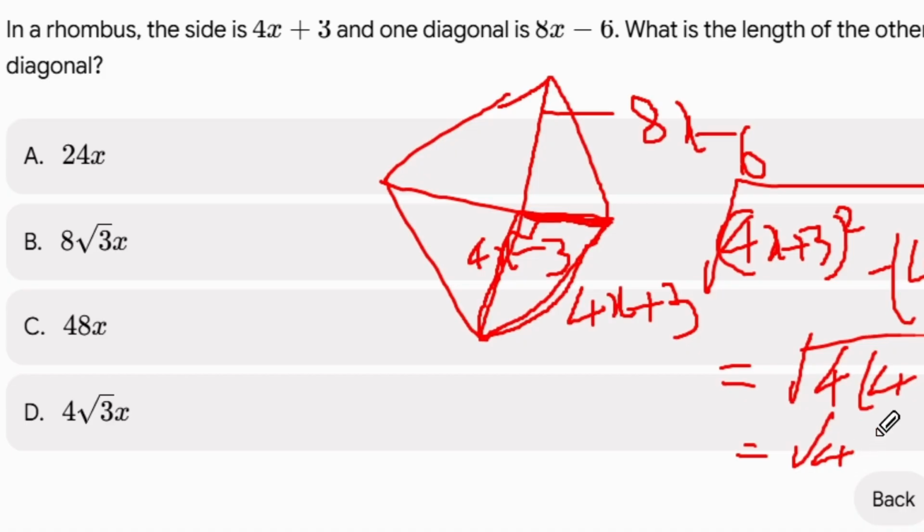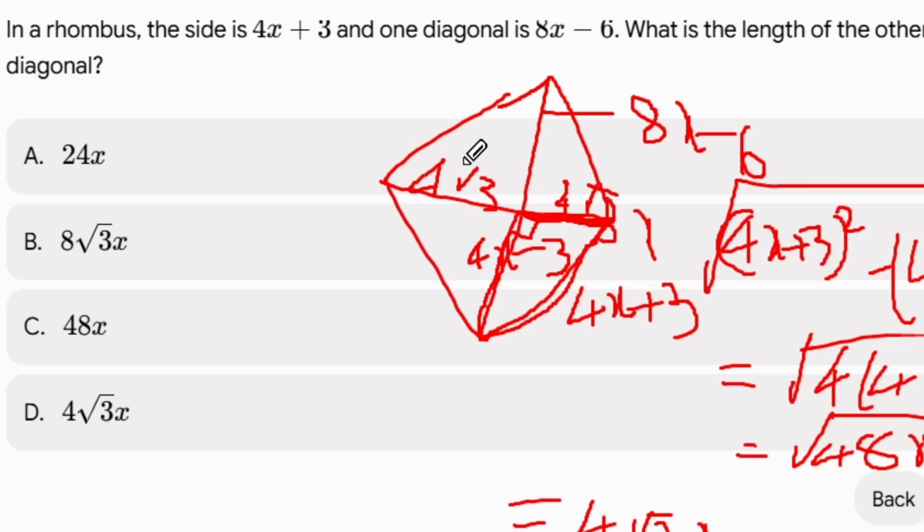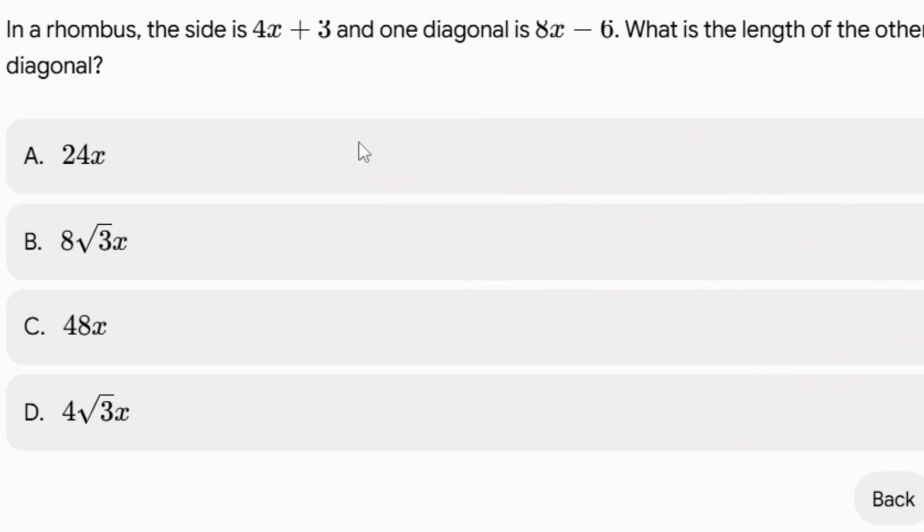Square root of 48x. By simplifying this, 4 root 3x. This part is 4 root 3x, and this part also equals 4 root 3x. Therefore, second diagonal 8 root 3x. This is the correct answer.